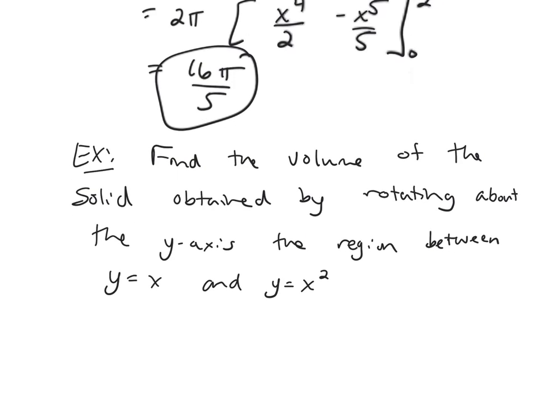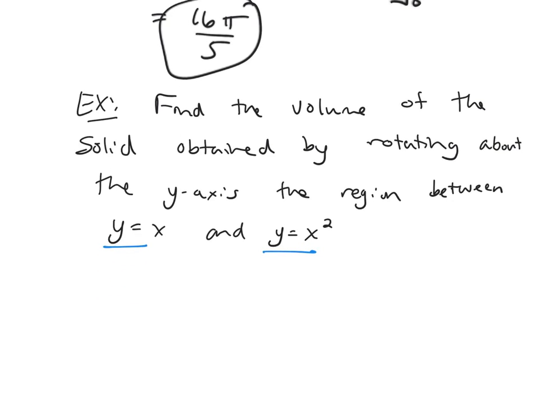So again, this is a region we've looked at before, y equals x squared. We've drawn it in the past, so I'm just going to draw it again. So (0, 0) and (1, 1) is where they intersected.